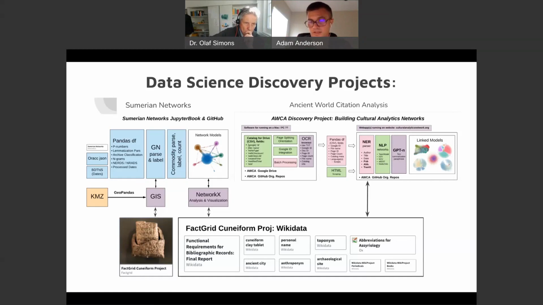I still get emails from colleagues in Iraq, for example, saying, hey, we don't have any books that would help us translate these tablets that we have here. Can you help us? So that's another concern in my mind, making sure that scholars who actually have a tablet in hand can make an addition and make their data accessible for all of us.